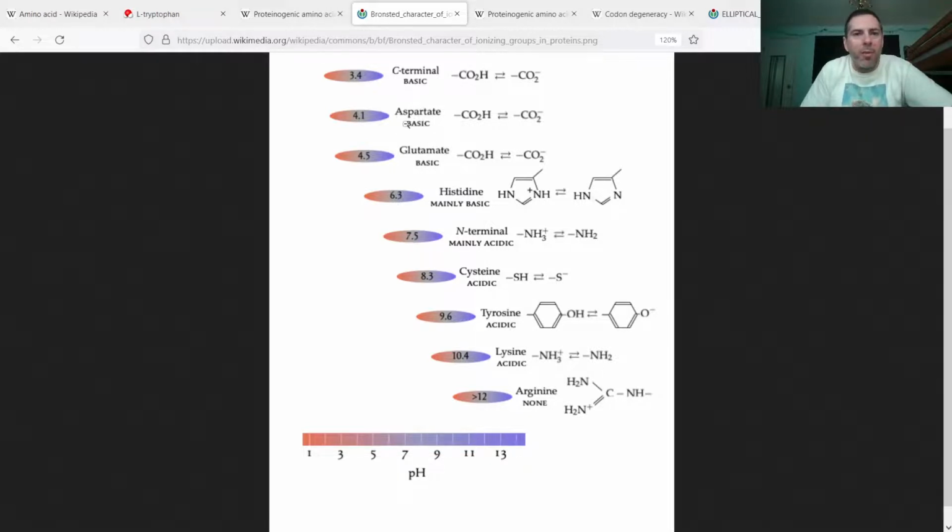So 7.4 pH of the cell would be more basic compared to the pKa, so there'd be fewer hydrogens around to bond to it, so you'd expect it to be missing a hydrogen. And the opposite down here, where there's more hydrogen available at 7.4 pH, so you're more likely to have a hydrogen attached to it. And then in the middle, there's ones that are bouncing back and forth, a 50-50 mix of each state.